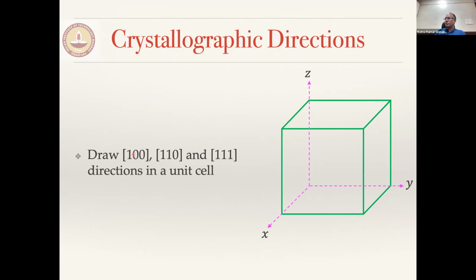The method is to identify from the origin, and draw the vector with these projections onto the x, y, z axes. So 100 will be along that direction. For 110, the x projection is 1 and the y projection is 1, that is this point. So this will be my 110, and with x, y and z projections of 1, that will be my 111 vector.